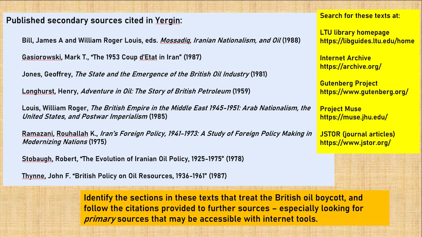So that becomes a secondary source, but as I'm reviewing this, I'm looking for the mention of names of people, names of companies, names of government departments, treaties or documents that are mentioned. Any of those things that are mentioned in these texts, I'm going to do a quick Google search on, right, and see what I can come up with, or I'm going to search in Internet Archive for these key headings.